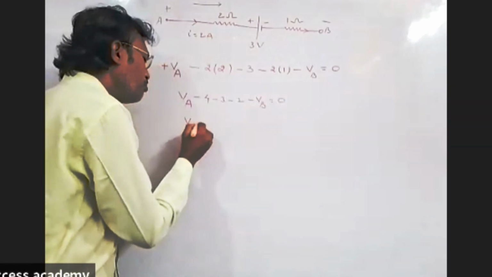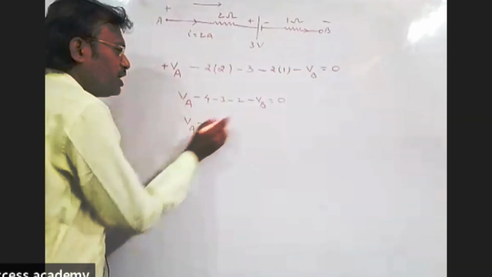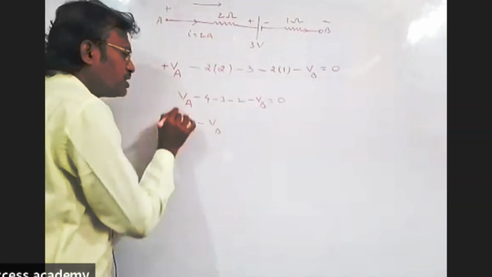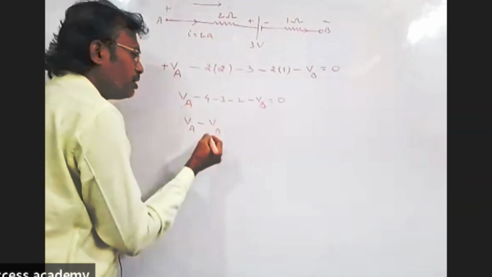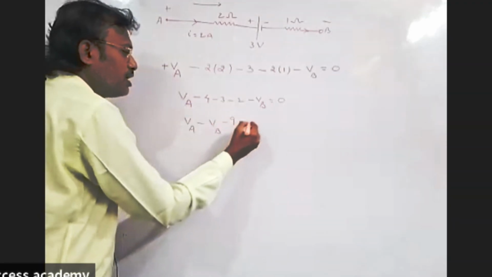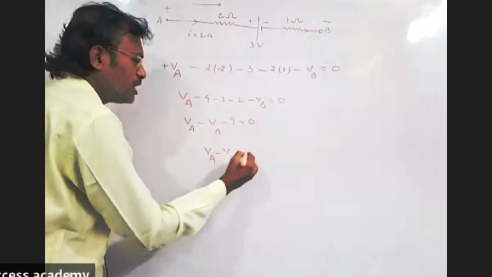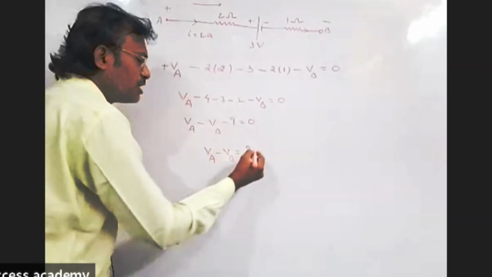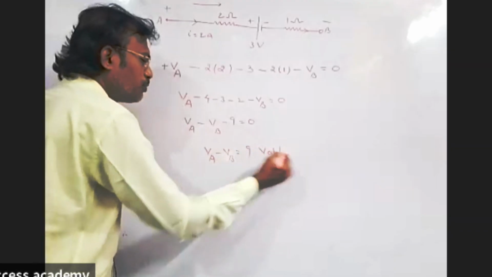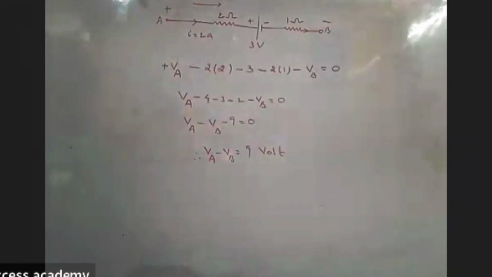Then VA minus VB, the potential difference, minus 4 minus 3 minus 7 minus 2 minus 9 equal to 0. Then VA minus VB is equal to, sending the minus 9 to the other side, plus 9, that is 9 volt. This is the potential difference between A and B given in one competitive exam.